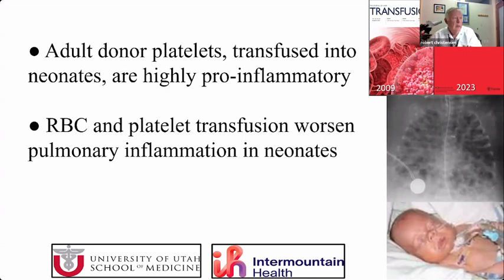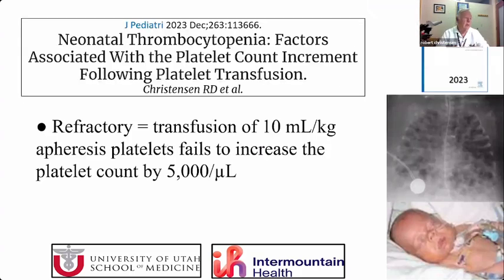Because adult platelets have much more pro-inflammatory markers and cytokines and activity than does the comparable platelets of a fetus or neonate. Both red blood cell and platelet transfusions worsen pulmonary inflammation in neonates.